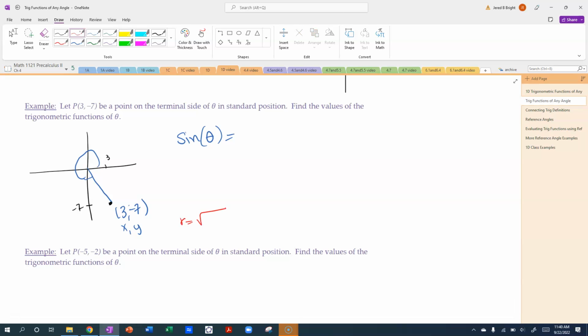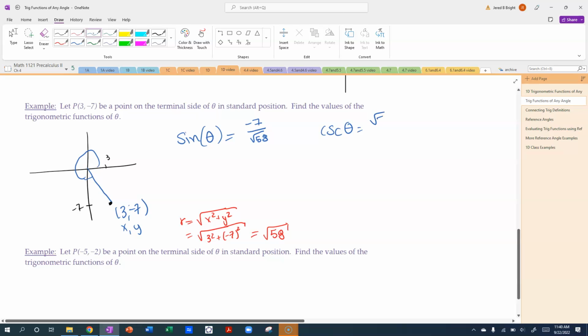Let's do that off to the side. It is the square root of x squared plus y squared, so the square root of 3 squared plus -7 squared. We end up getting the square root of 58. Not a nice number, but we can work with it. Sine would be y, -7, over square root of 58. Cosecant would be its reciprocal, square root of 58 over -7.